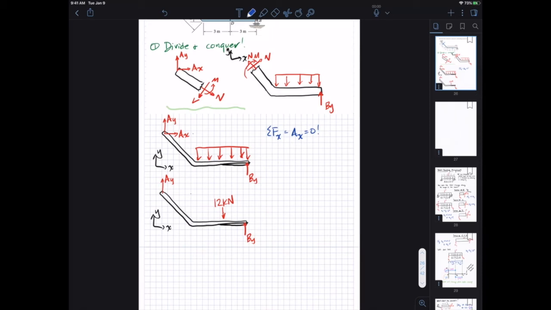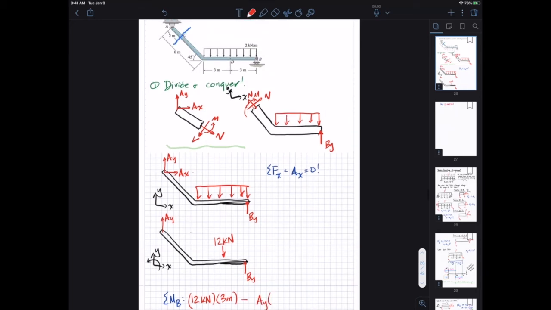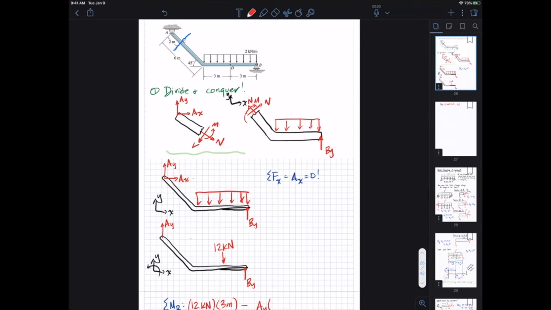And we can take the sum of moments at B, because really all we care about is AY, right? And we have positive clockwise convention, 12 kilonewtons. And that was acting at 3 meters away, minus AY, and that has a moment arm. Now here, just some of the geometry.